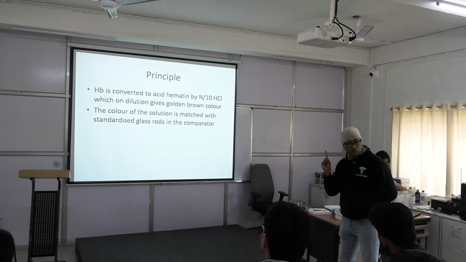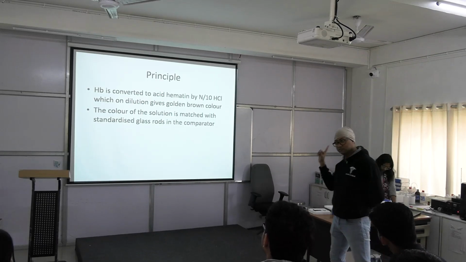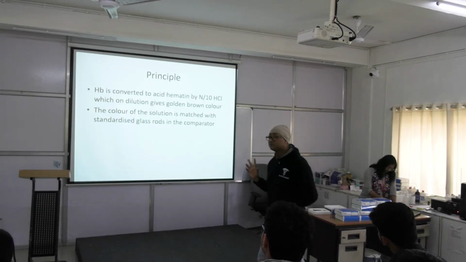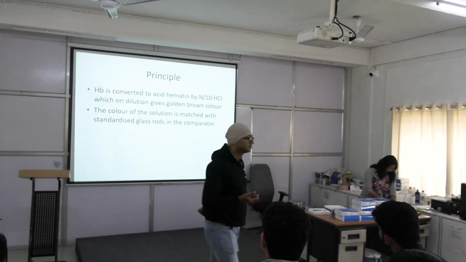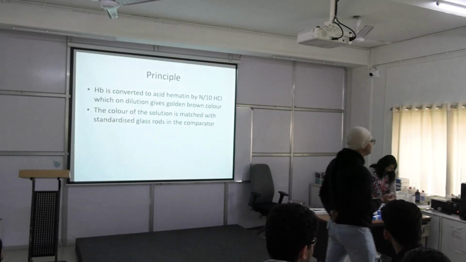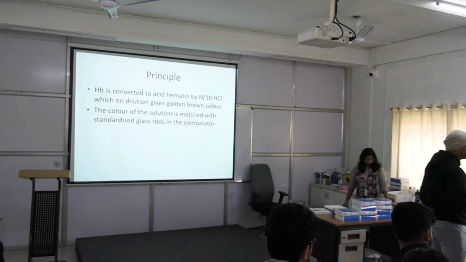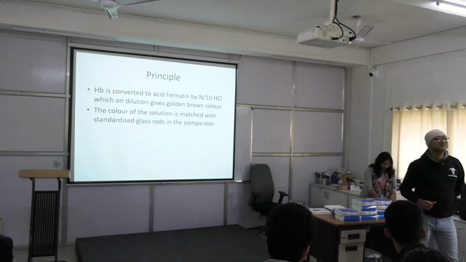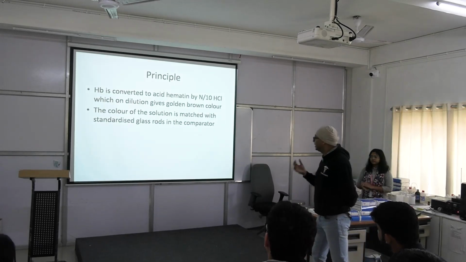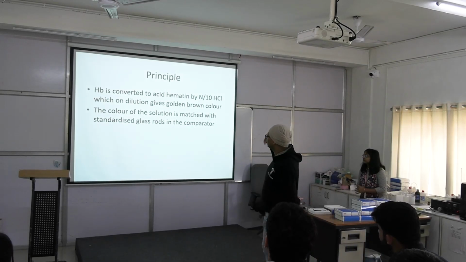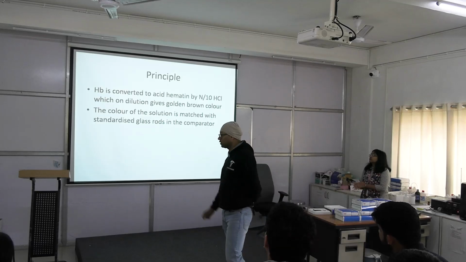Conventionally, 1 normal HCl, 1 normal means how much? 1 gram equivalent of HCl means how much gram? 36.5. Very nice, 36.5. So, N/10 HCl, which on dilution gives golden brown color.